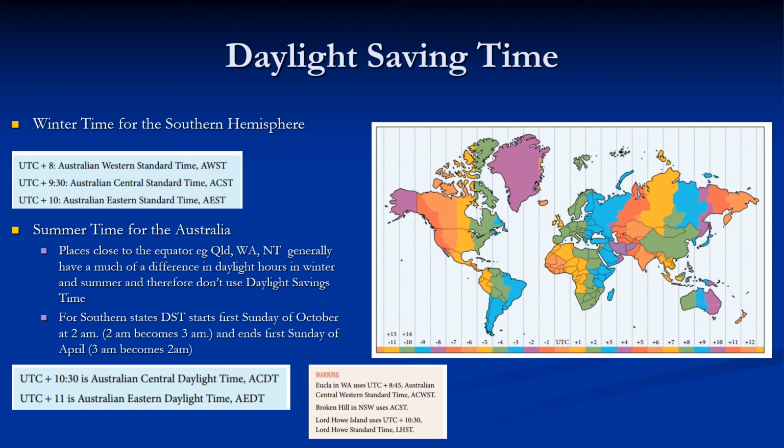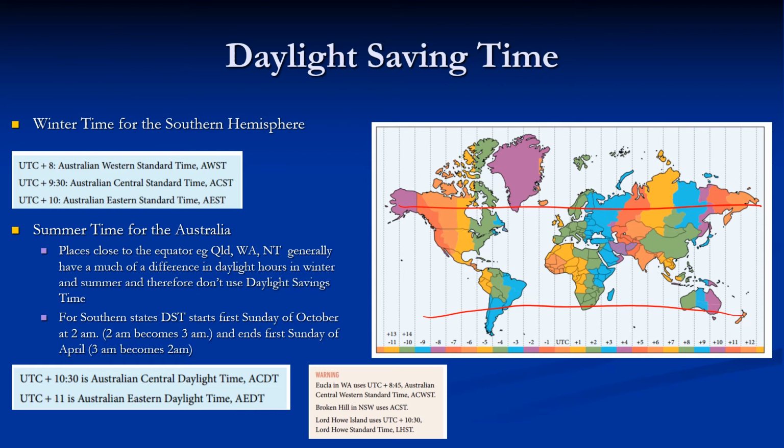Now, daylight saving time generally occurs in summertime. It's when places closer to the poles or away from the equator experience longer day lengths during the summer. It doesn't make much sense for places close to the equator to have daylight savings because there's not much difference between winter and summer daylight hours.